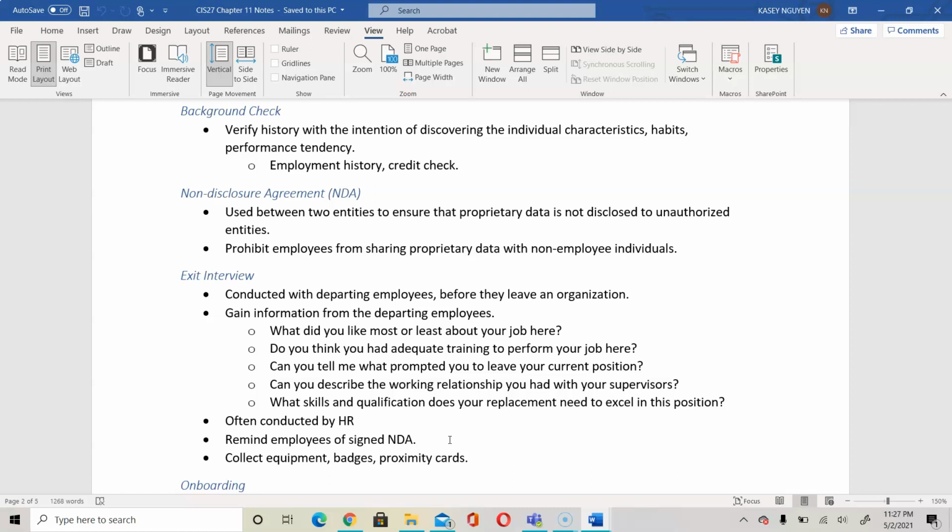And the people who violate the NDA would face legal repercussions. And during the exit interview, we want to collect badges, smart cards, and equipment. Could be mobile devices, things that the company would distribute to the employee when they were hired. So at the exit interview, this is when all those things would be collected.